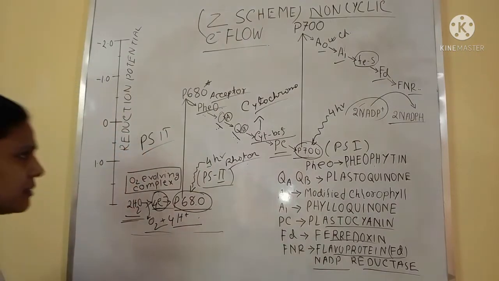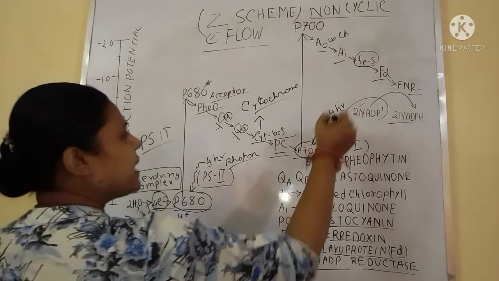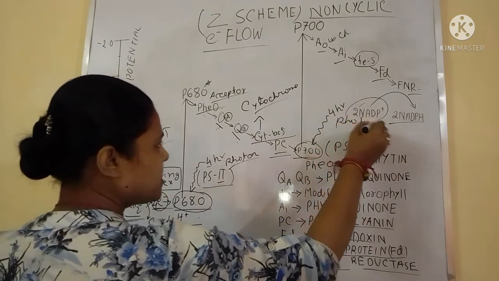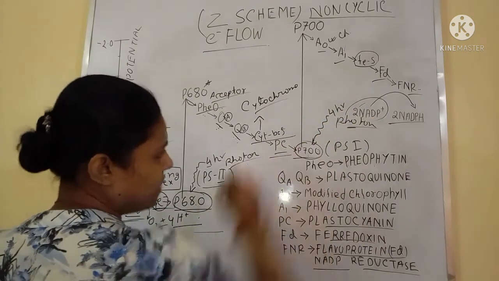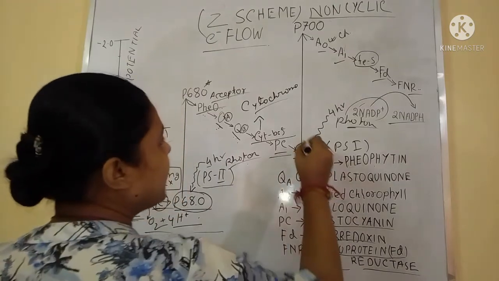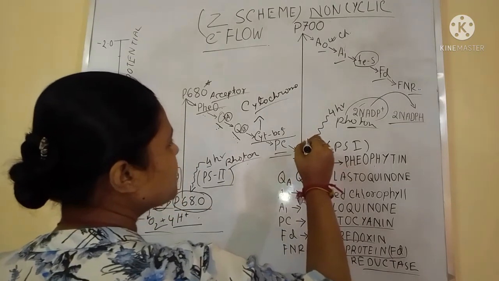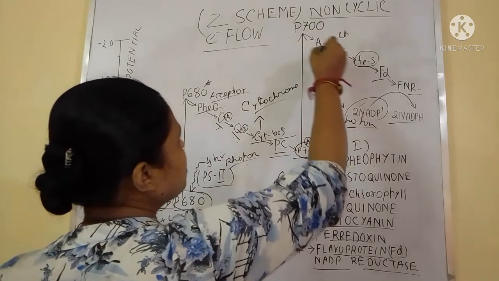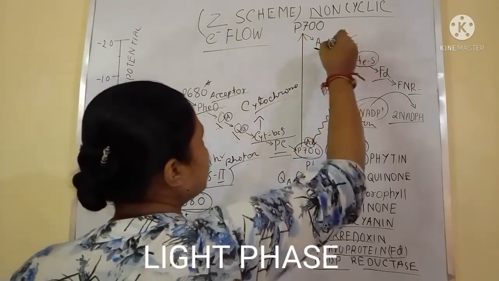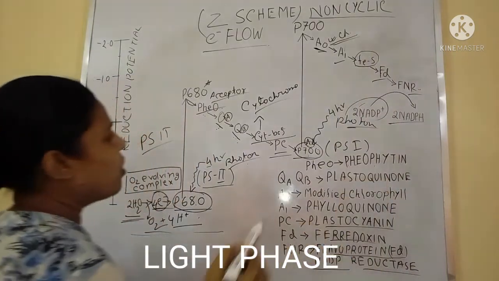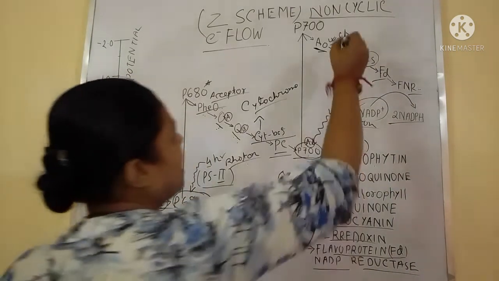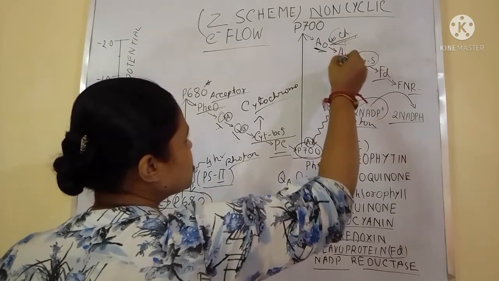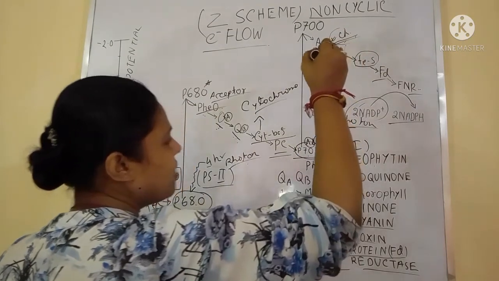Clear? And again here, the photon comes from sunlight and P700 becomes excited. The electron from P700 transfers to A0, that means modified chlorophyll, and then from modified chlorophyll to A1.